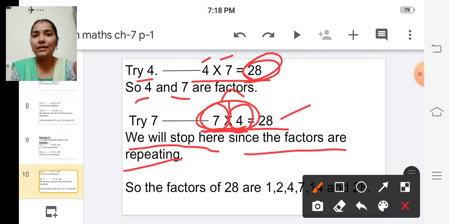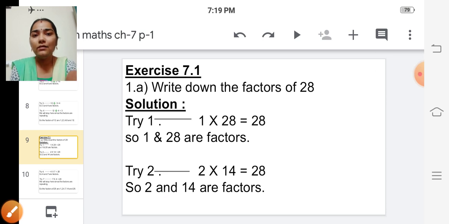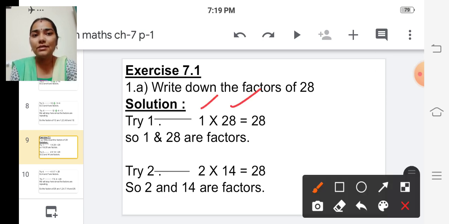So we can write the factors of 28. In this step we got 4 and 7, and in the previous steps we got 1, 28, 2, 14.